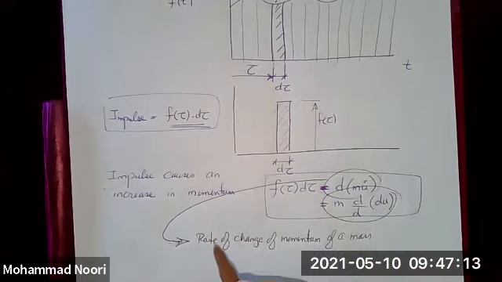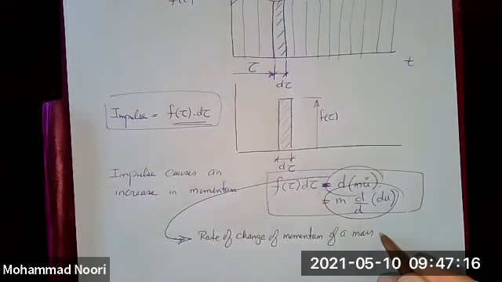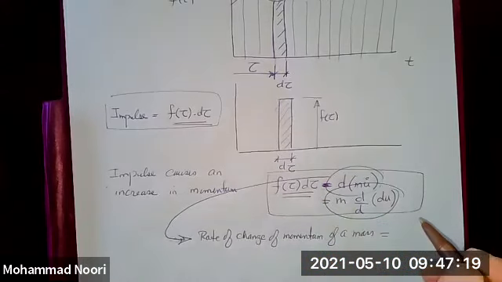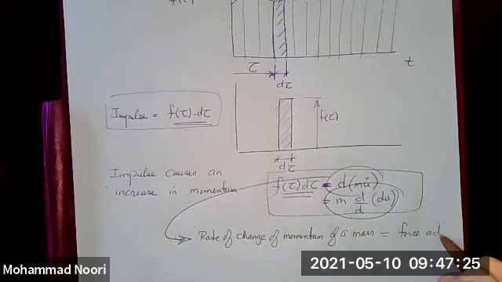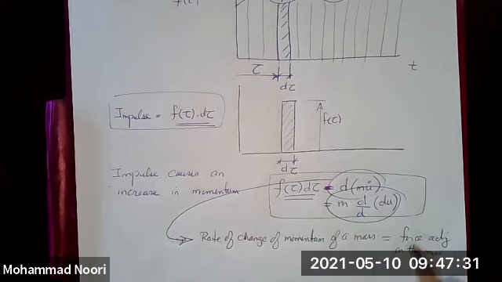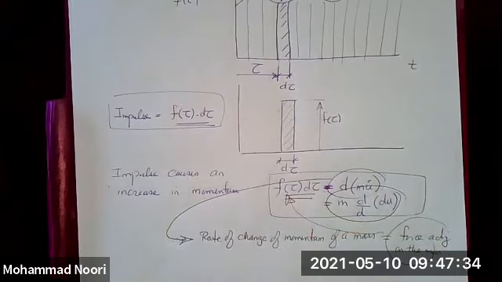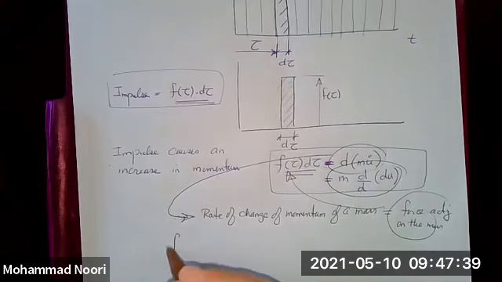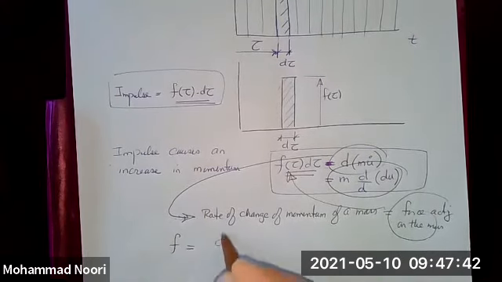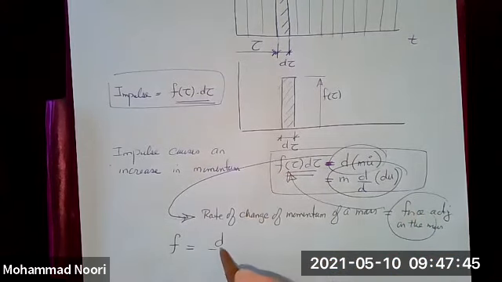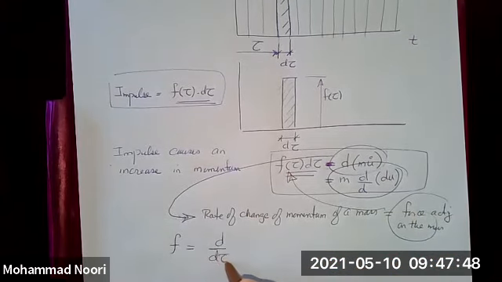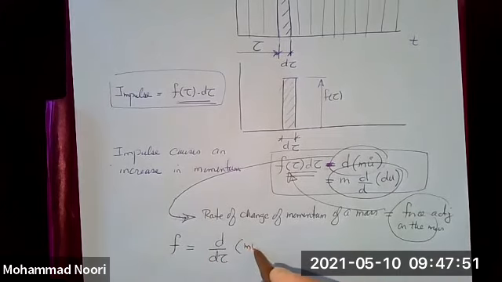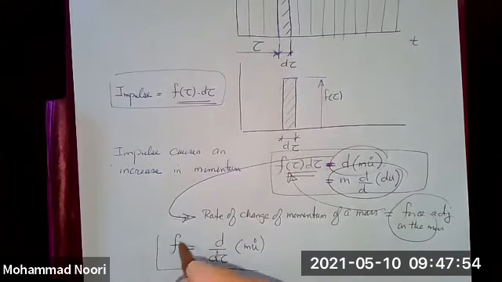So the rate of change of momentum of a mass is equal to the force acting on the mass, which is this. And this force, if I rearrange this, would be d with respect to tau of m u dot, so f of tau.